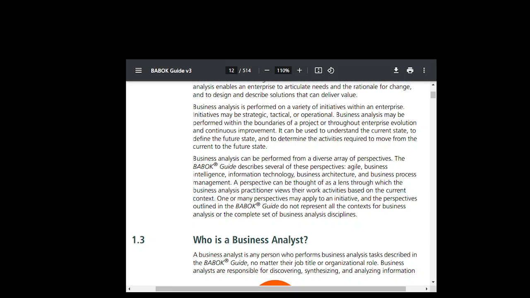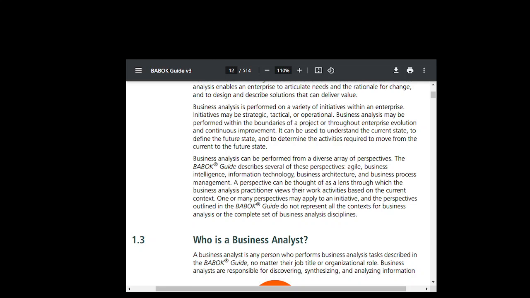One of the many perspectives may apply to an initiative. One or many perspectives. So you can use agile and business intelligence at the same time. You can use this and this at the same time, or you can just use one. And the perspectives outlined in the BABOK Guide do not represent all the contexts for business analysis or the complete set of business analysis disciplines.